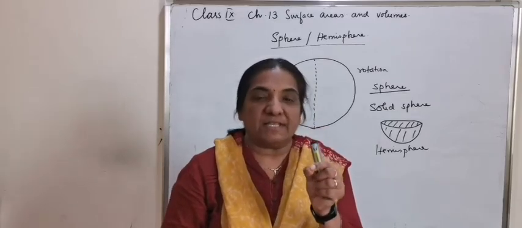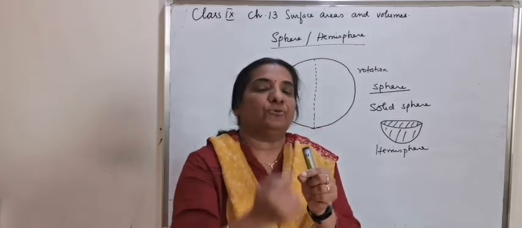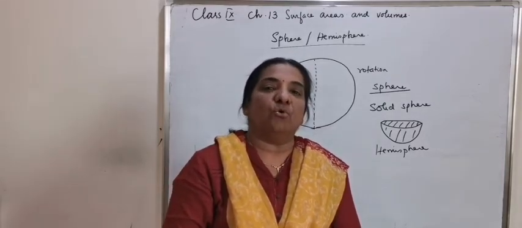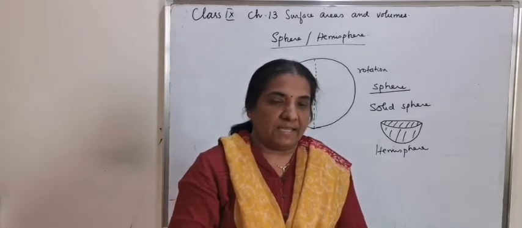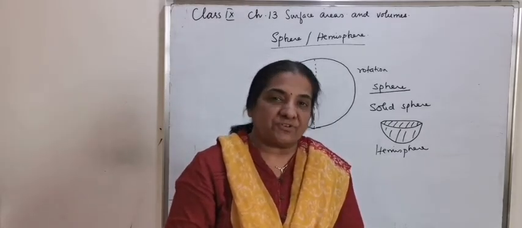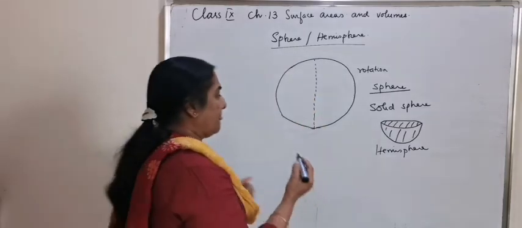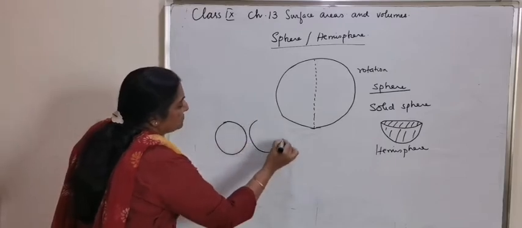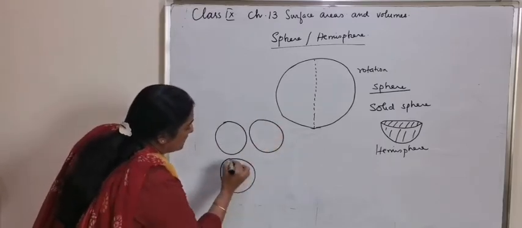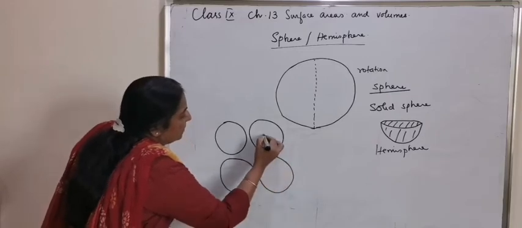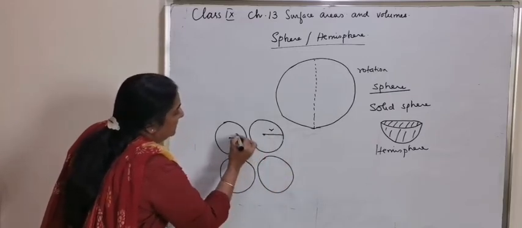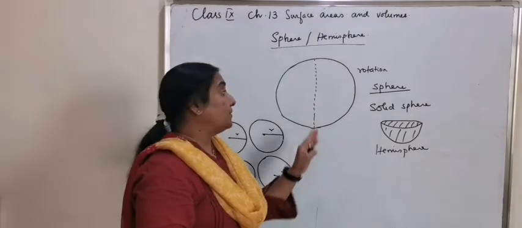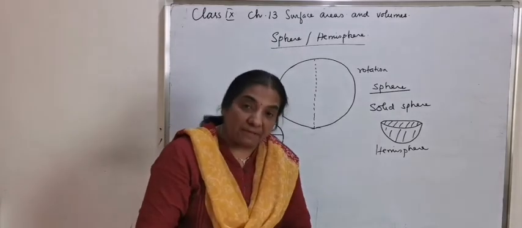Similarly, by fixing the string in that position, continue the movement of the string till it completes the whole surface. Then, if you remove the string and arrange it in 4 circles with the same radius as the radius you can find out from the rubber ball.